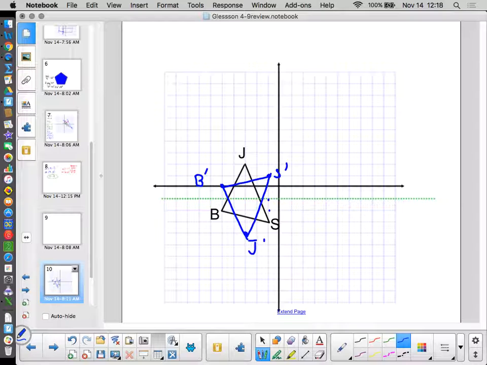That's pretty easy. What's the next step? Translate at what? X minus 1, Y minus 2. So every point goes left 1, down 2. Left 1, down 2.